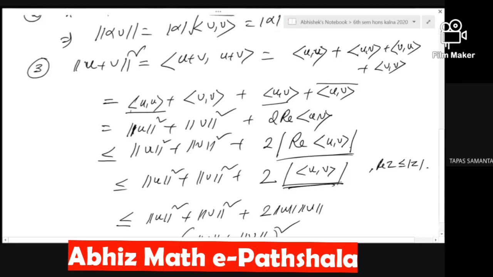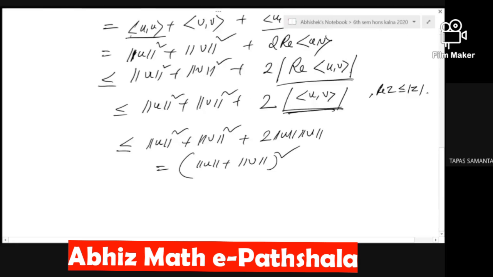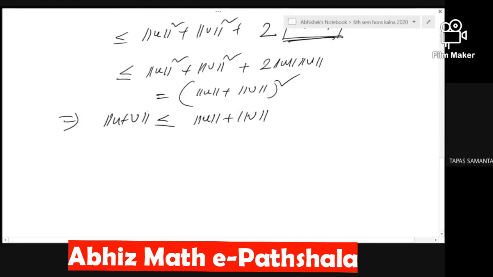So thus we have norm u plus v square is less or equal to norm u plus norm v square. That means taking non-negative square root from both sides, we will have norm u plus v is less or equal to norm u plus norm v. So this is called the triangle inequality for a norm in an inner product space.